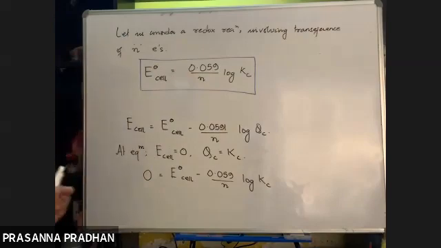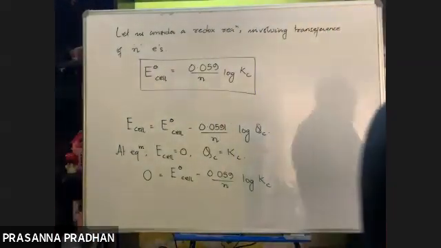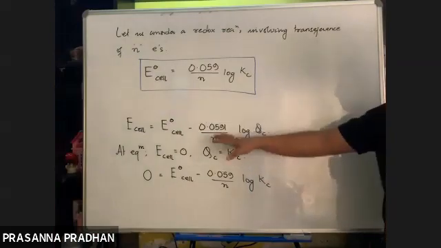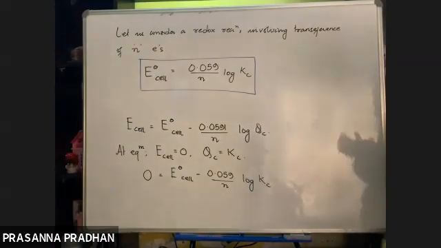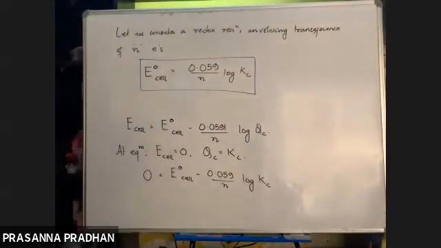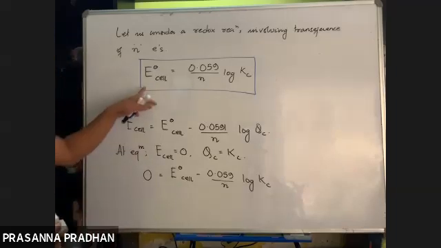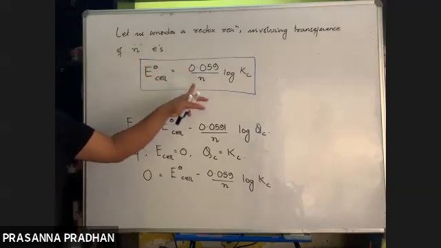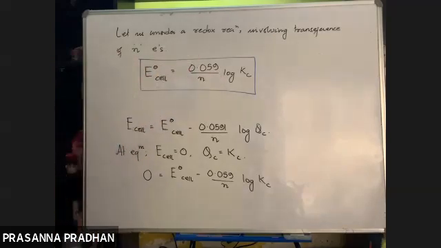You need to remember this. There is no need to remember the Nernst equation out here, we'll just derive it from the cell reaction. Just this part needs to be remembered: E naught cell equals 0.059 divided by n, the number of electrons, log Kc.